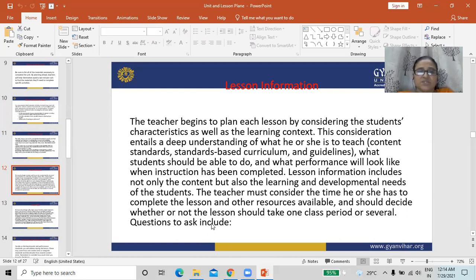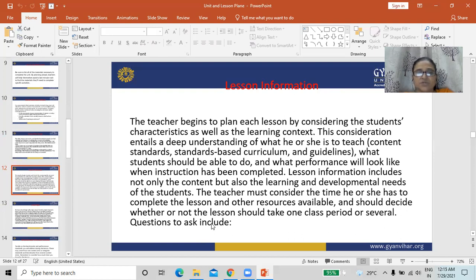This consideration entails a deep understanding of what he or she is to teach, what students should be able to do, and what performance will look like when instruction has been completed.